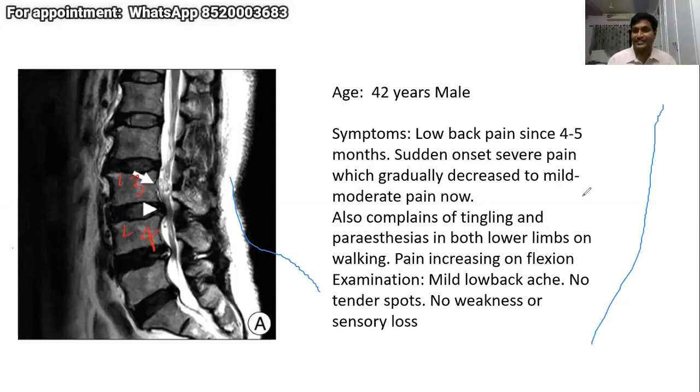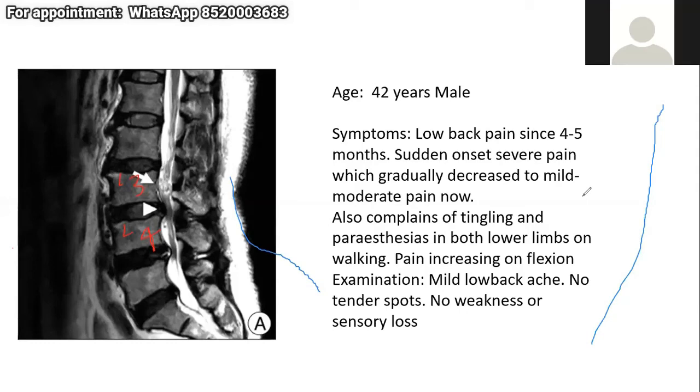Second, are there any features from the history and examination to suggest there is a coexistent facet arthritis? I cannot say that, sir, because there is nothing mentioned as such that the pain can be pointed out. There are no tender spots in the examination.